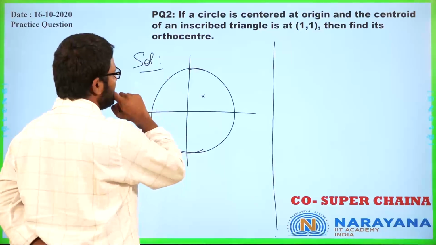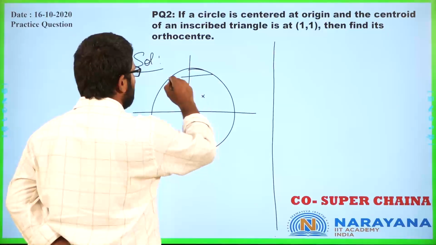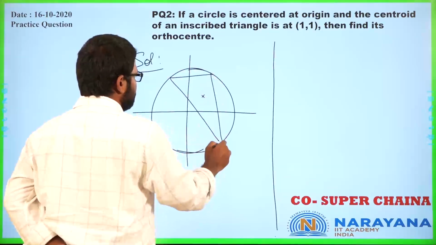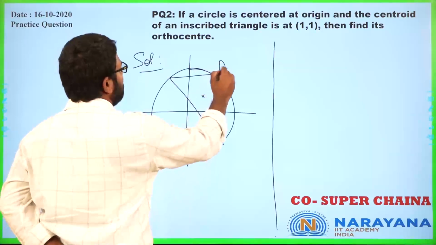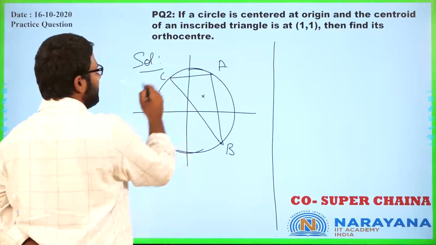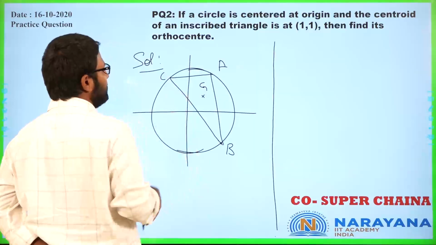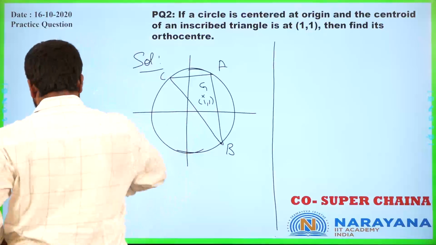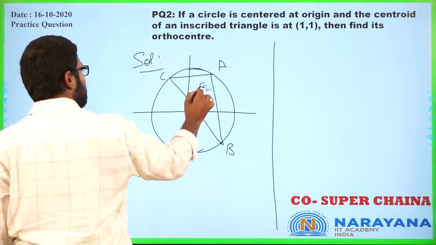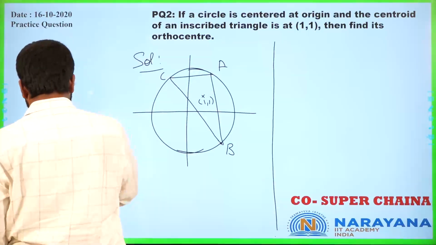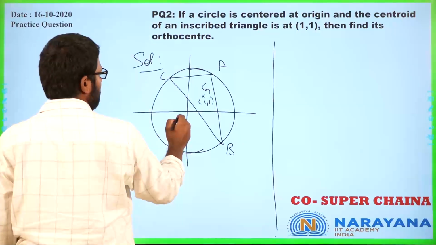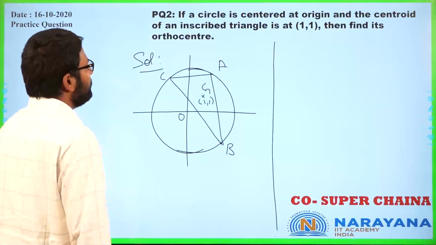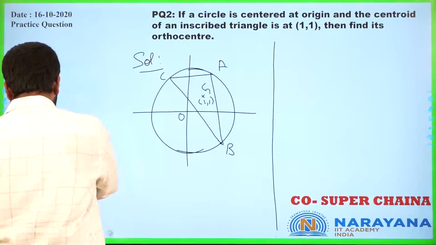This is the centroid. We don't know where the vertices A, B, C are lying. G is given, which is 1, 1, and O. So we know the centroid.